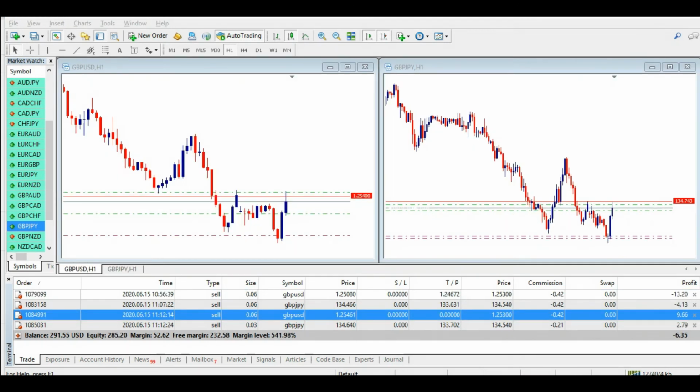As you can see, price is now almost going to reach my break even zone. So what I will simply do, I will close this first GBP USD pair, then again I will place a sell order in this area to secure my profit.